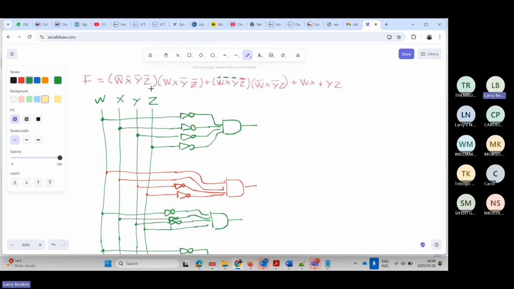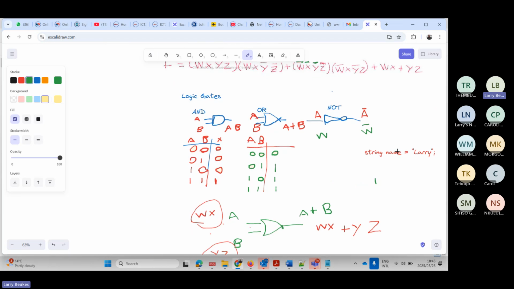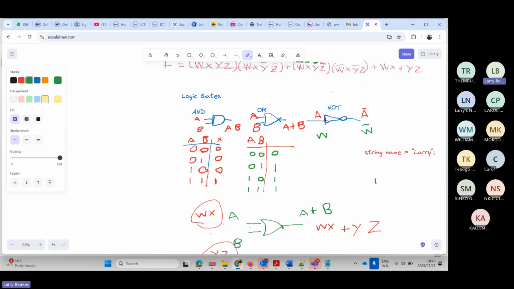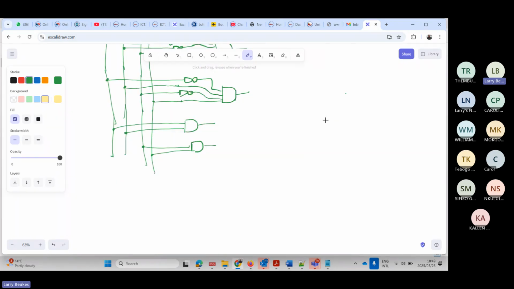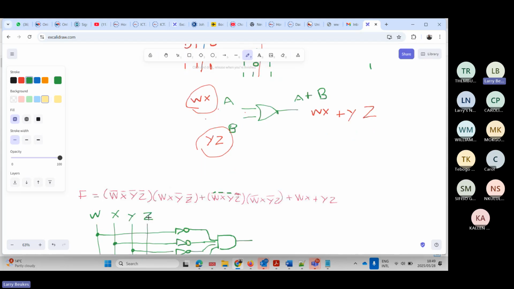Now, let's combine this. We need to combine this and this. Do you see that? So this variable, remember why I was using this example of name, right? Say name is a variable. I said A is a variable. It doesn't matter. It's a holder. It just allocates memory for anything that you're going to pass, right? So in this case, what are you passing? What is your A? Your A in this case is WXYZ, right?